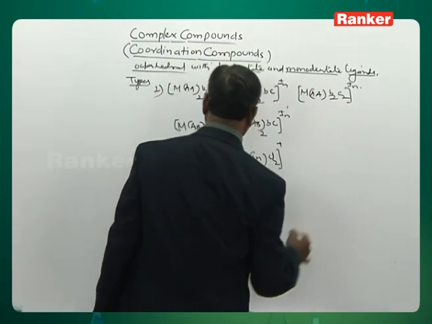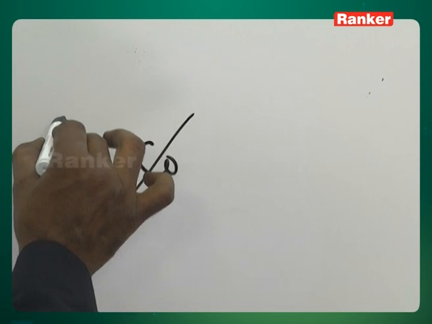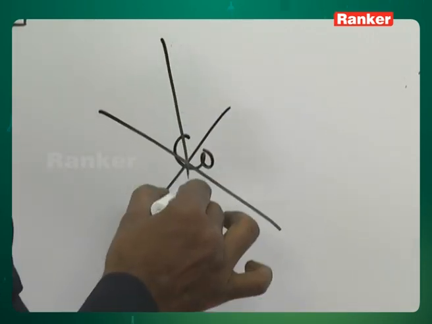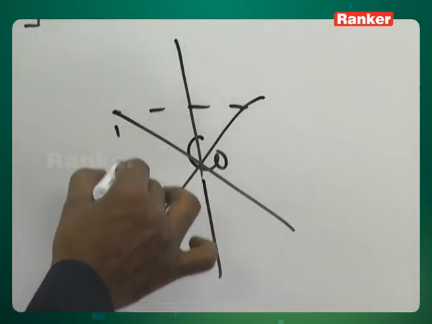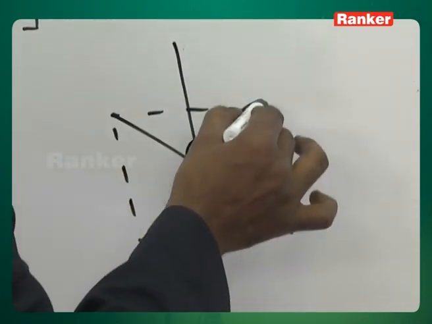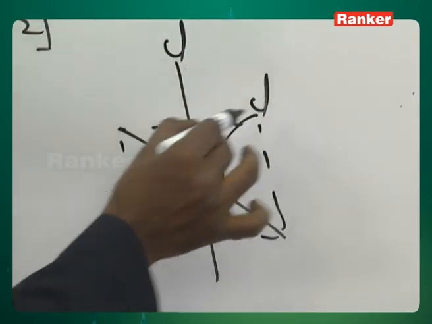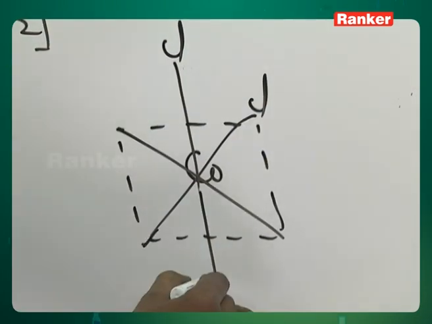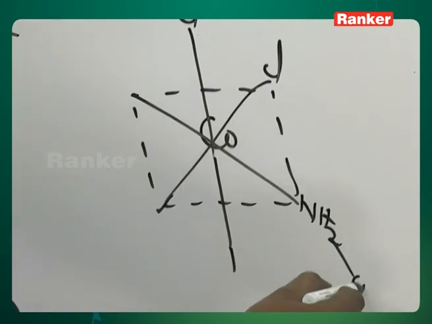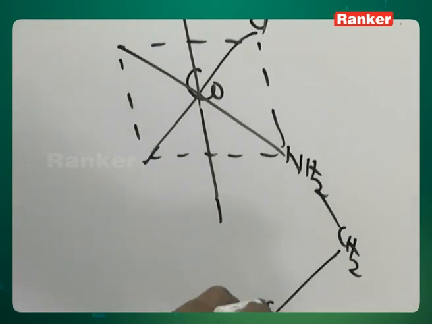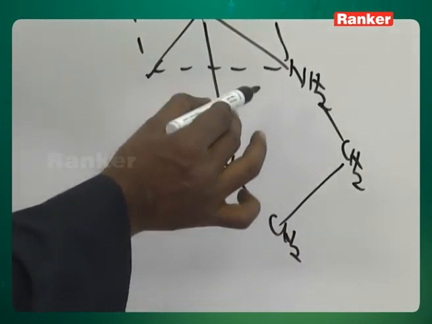Look here. Take Co. Cl I am putting at cis positions, adjacent, and I am writing two ethylene diamines, NH2, CH2, CH2 and NH2.